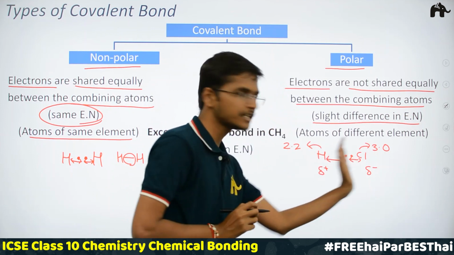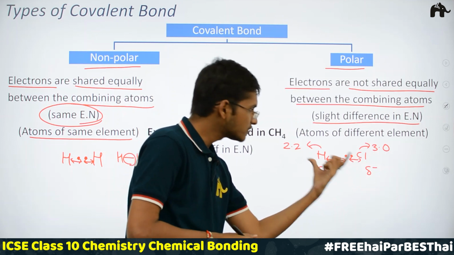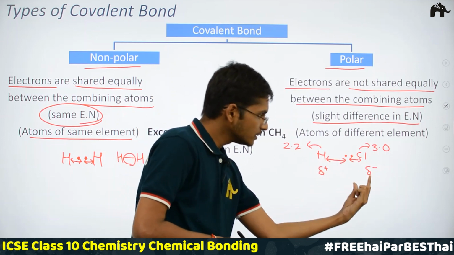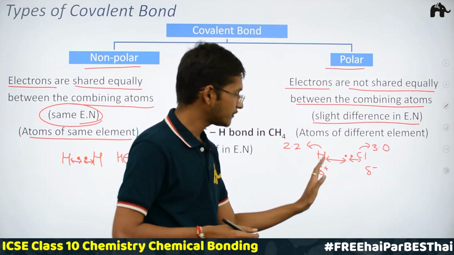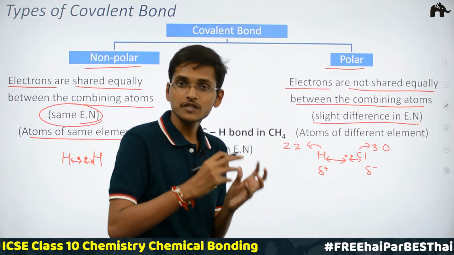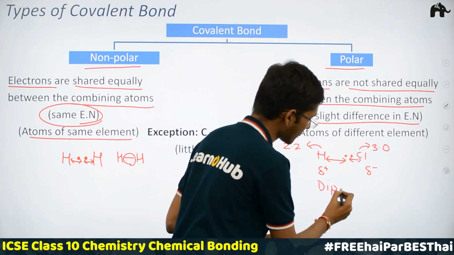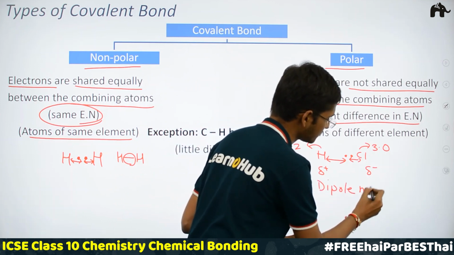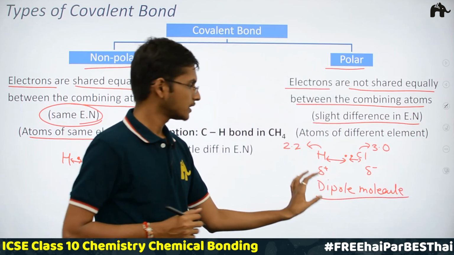Here there is a slight negative charge, here it is a slight positive charge. Now see here, in this molecule HCl, there is slight negative as well as positive charge, and such molecules which have slight negative and slight positive charges are called dipole molecules. So this is the concept which we are talking about further.